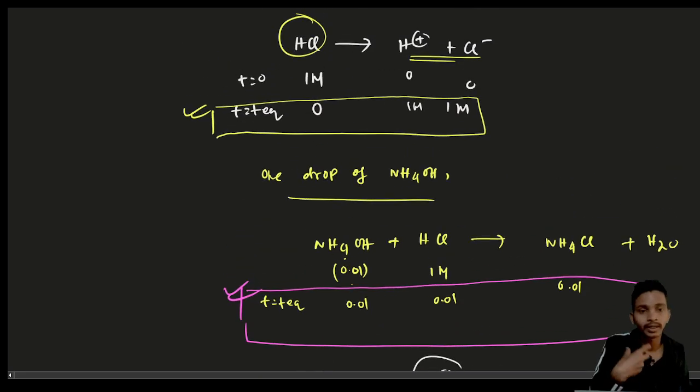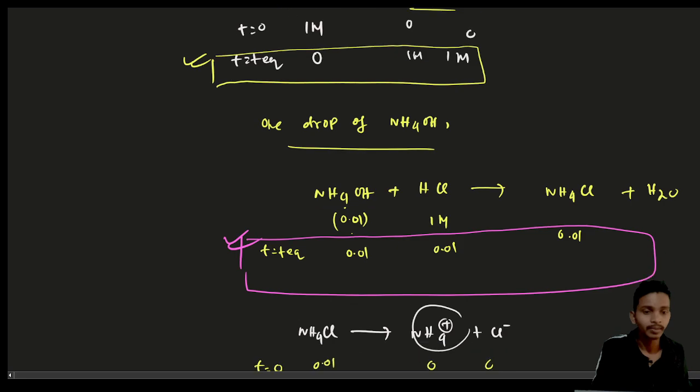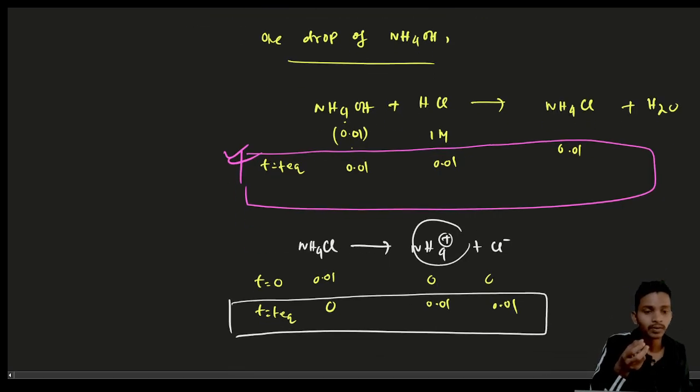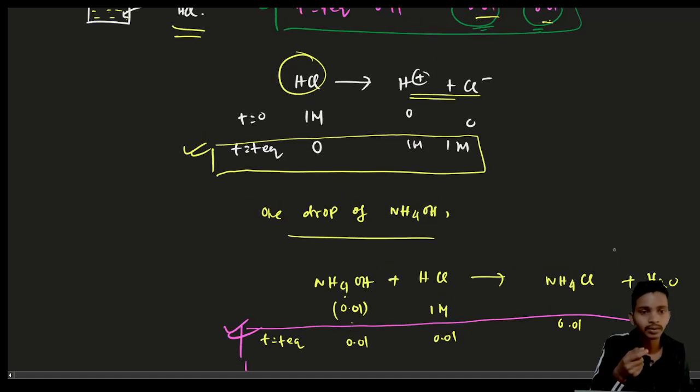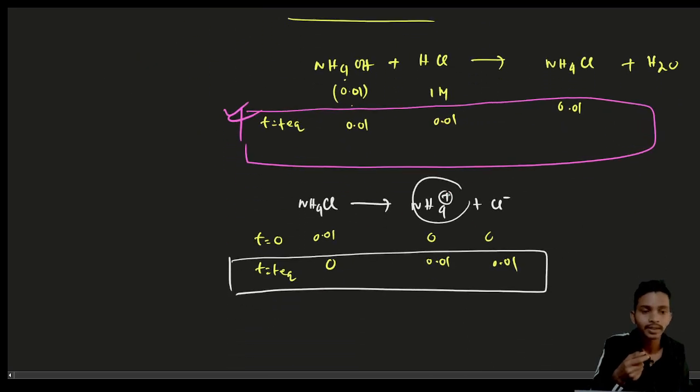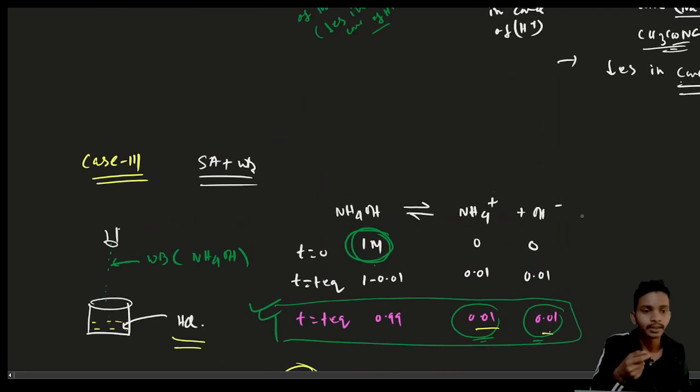Again, whenever I am adding another drop of NH4OH, what happens to this NH4OH? NH4OH itself is a weak base, so its dissociation is very less, and NH4 plus is already present in the solution.